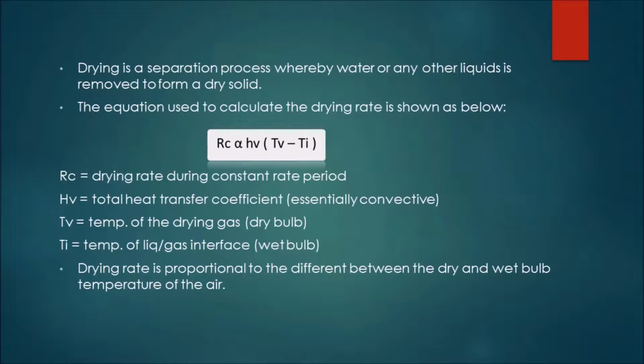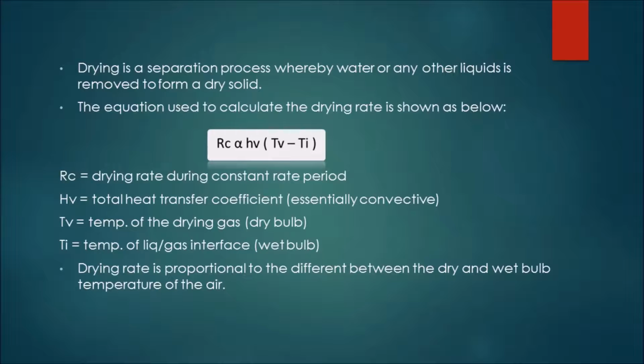The equation used in this experiment is shown as in the slide, whereby Rc is equals to the drying rate during constant rate period. Hv is the total heat transfer coefficient, Tv is the temperature of drying gas, and Ti is the temperature of liquid gas interface. Temperature of dry gas, Tb, is normally measured as dry bulb temperature.